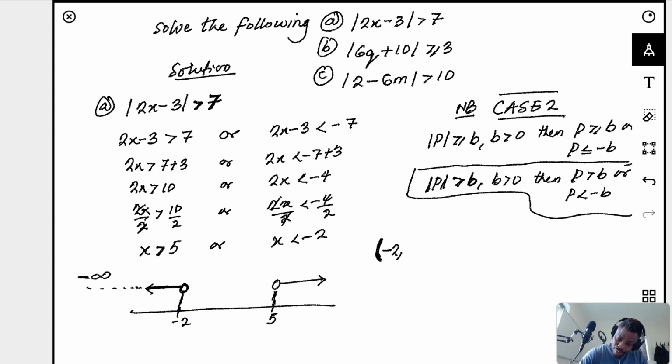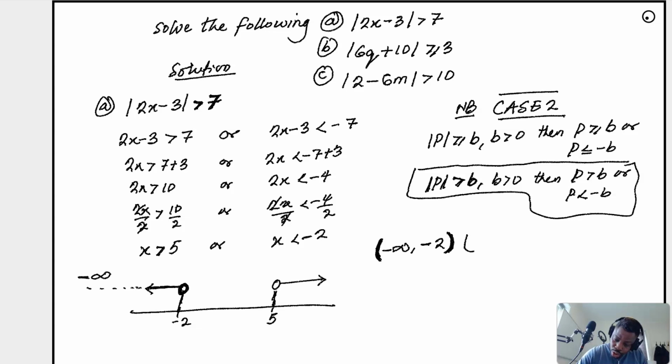So remember that minus 2 is greater than negative infinity, so you have to write your negative infinity first, then minus 2. You are putting a round bracket, not a square bracket, because it is not shaded. If it is shaded, you use a square bracket. Then you use union. If you don't want to use union, you say or.